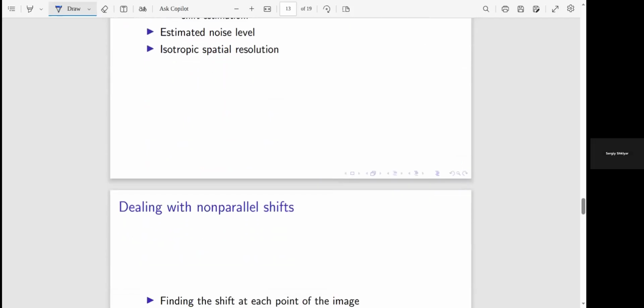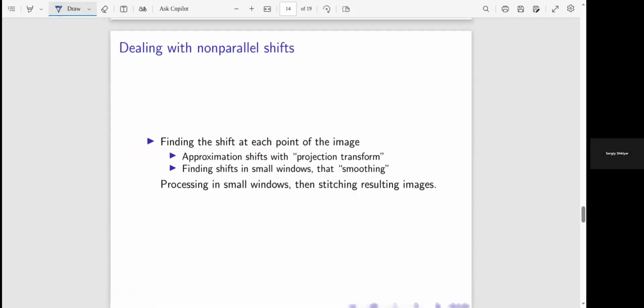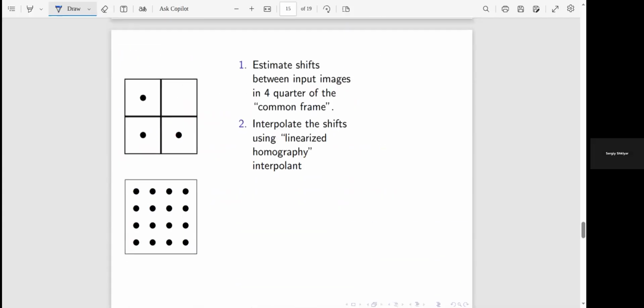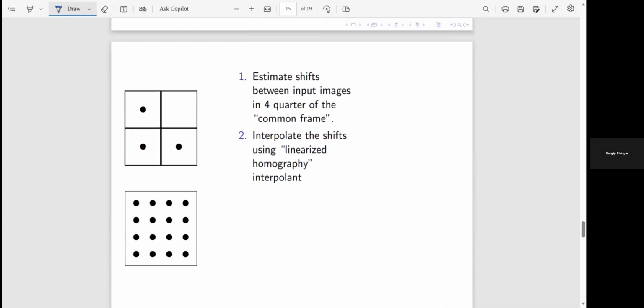Perhaps I may say what I try to do if shifts are different in different parts of the field of the image.